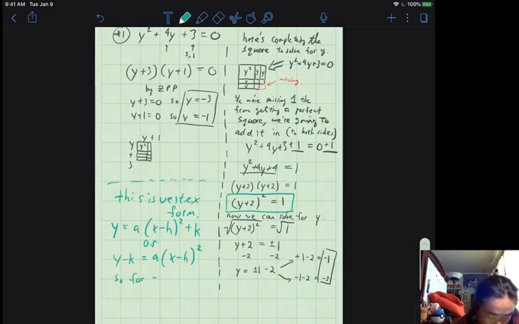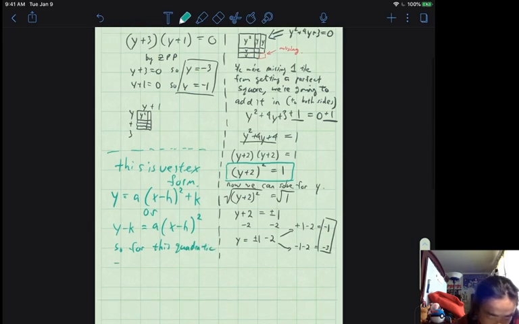So for this equation, for this quadratic, the vertex is at -2, -1.